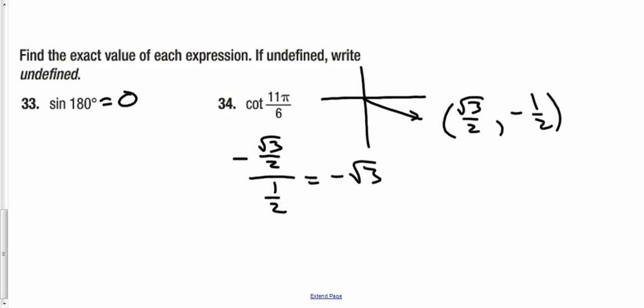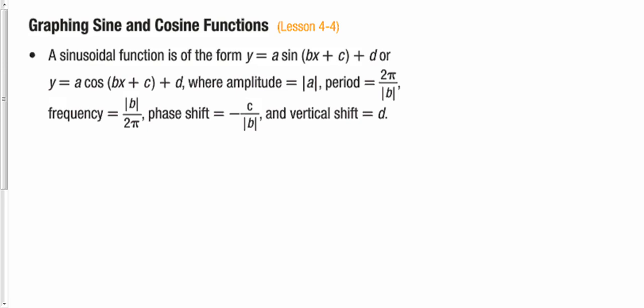Next, 4-4. So 4-4 is all about graphing sine and cosine. So basically in this section, you kind of just have to remember a few of the formulas because we're not going to have enough time to graph the whole function.